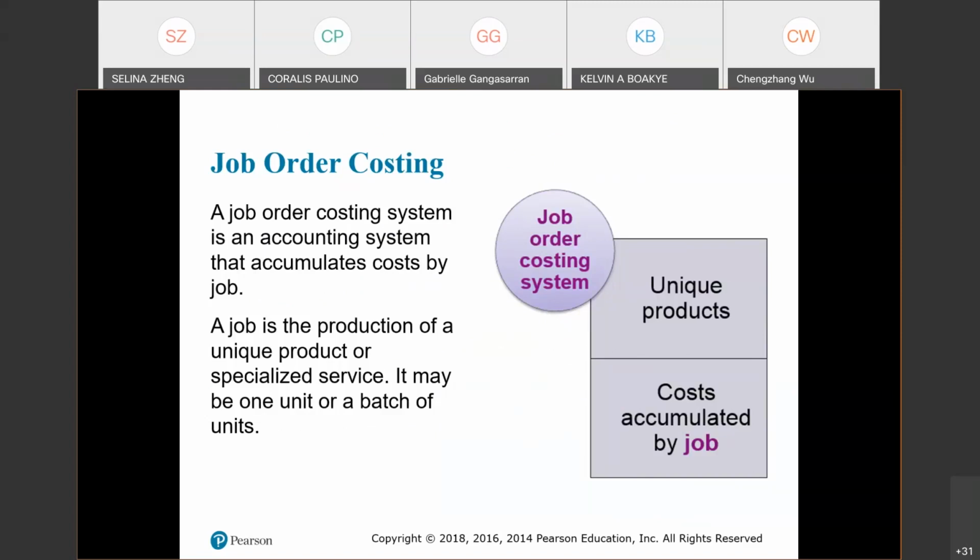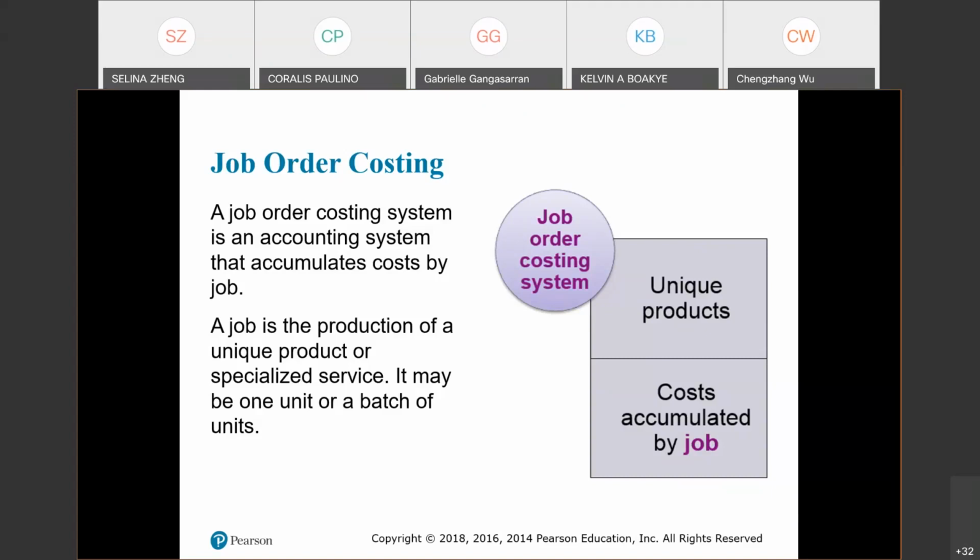A job order costing system accumulates costs for each unique batch or job. A job may be a single unique product or specialized service, or a batch of unique products. An example of a job for a building contractor would be construction of a custom house.